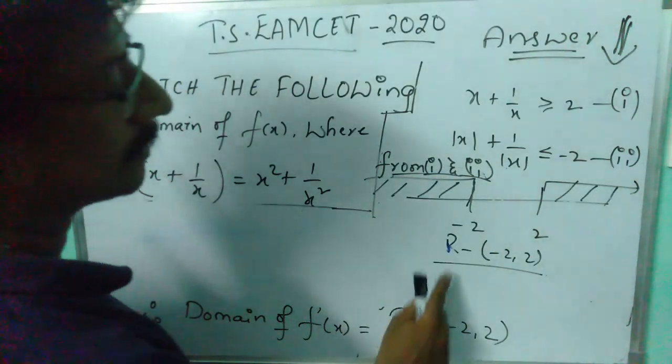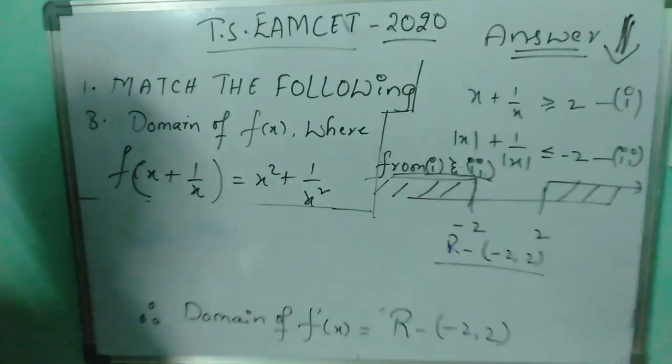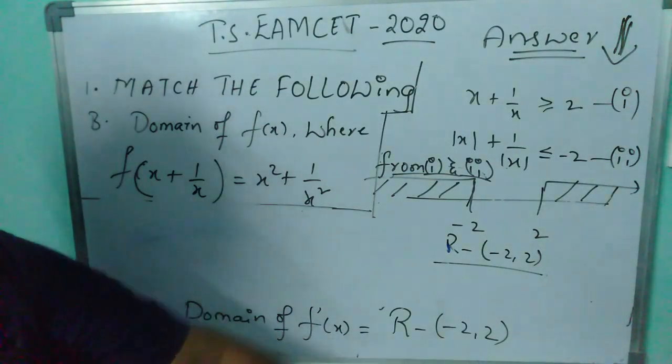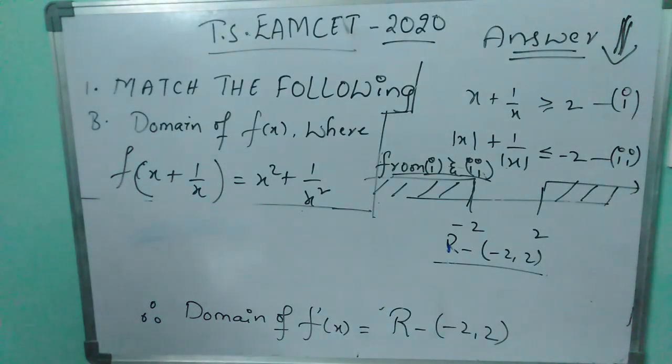From 1 and 2 we can say the values come from R minus of minus 2 comma 2. So the domain of small f of x is nothing but R minus of minus 2 comma 2.